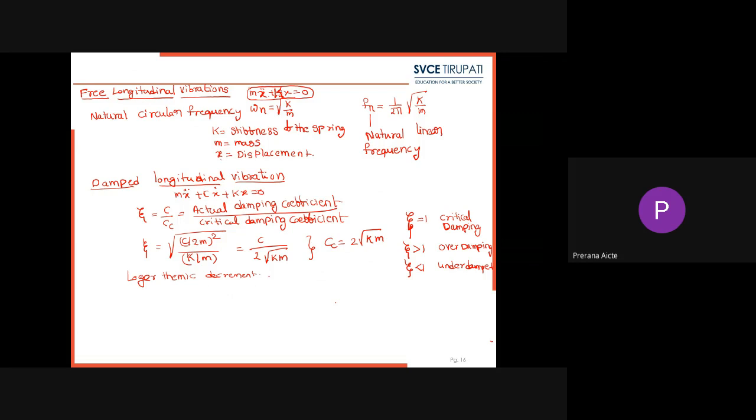For that, we can give the logarithmic decrement, that is delta is equal to 2 pi multiplied with the damping factor divided by root of 1 minus damping factor whole square.